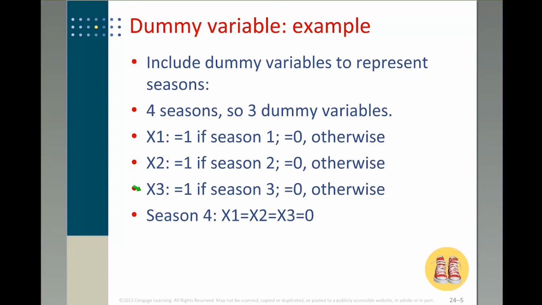Now, if you create 4 dummy variables for the 4 seasons, which is the 4 categories for your categorical variable, then you will find that the 4 dummy variables are perfectly correlated. And whenever that happens, it is impossible for you to estimate the model, okay? And so this goes back to the point back here.